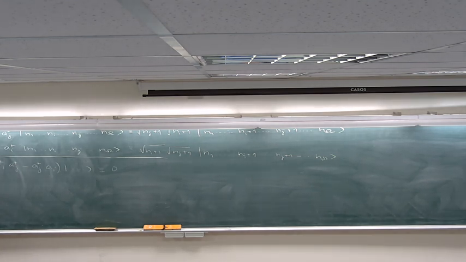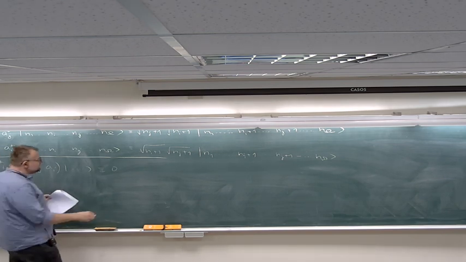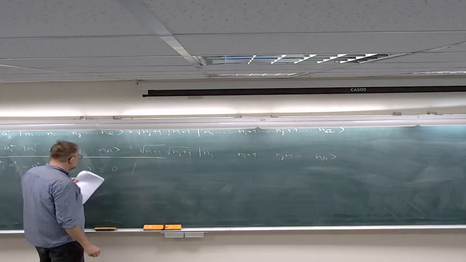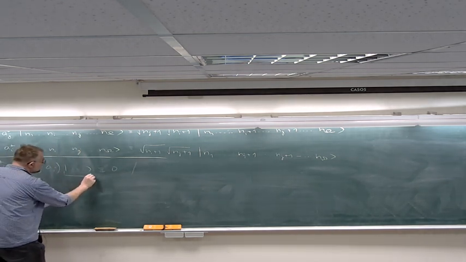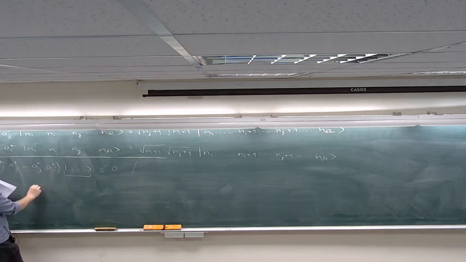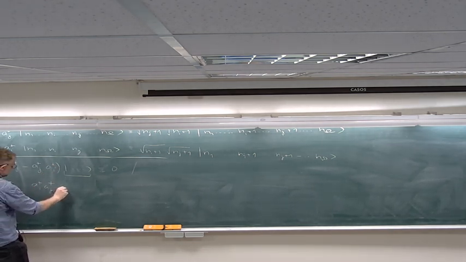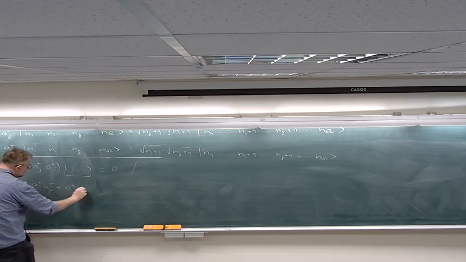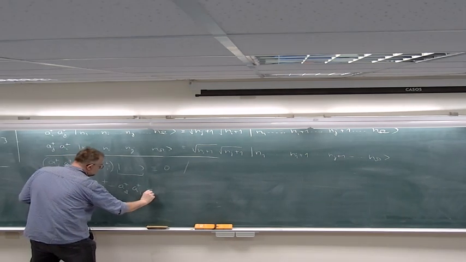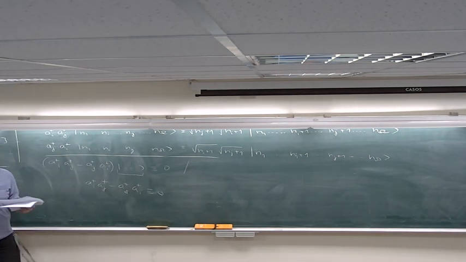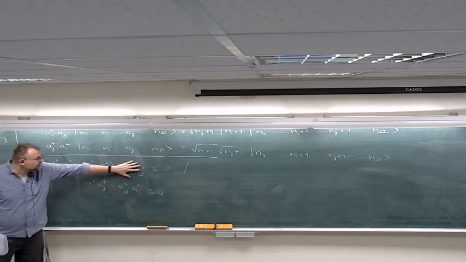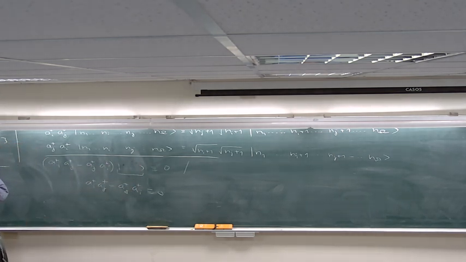This holds for an arbitrary vector, so we conclude it holds as an operator identity, because it holds on any vector. Then I don't need to write vectors here, I can write it directly like that. This is the logic, I think you saw it.